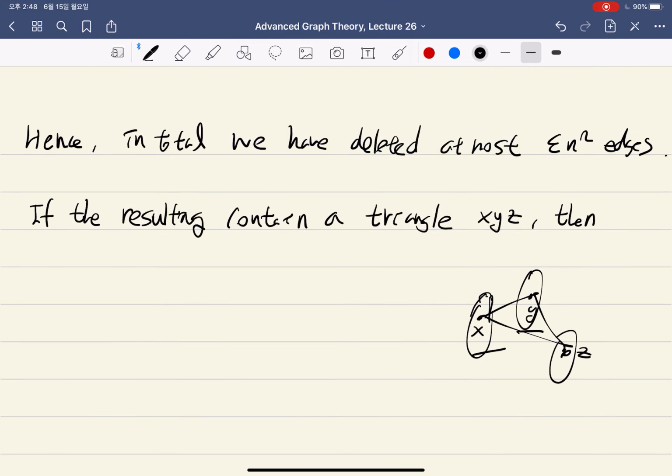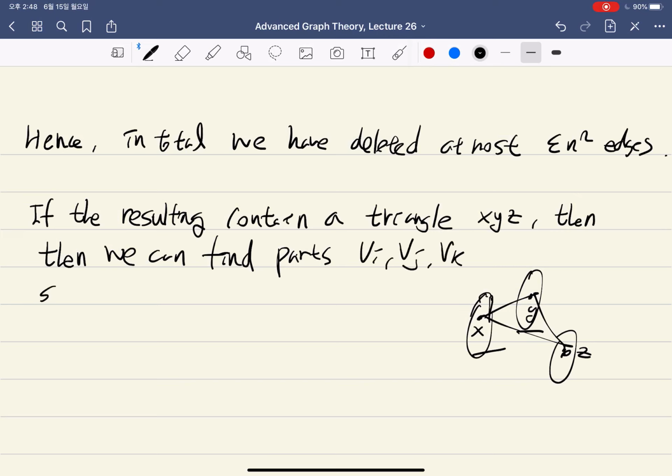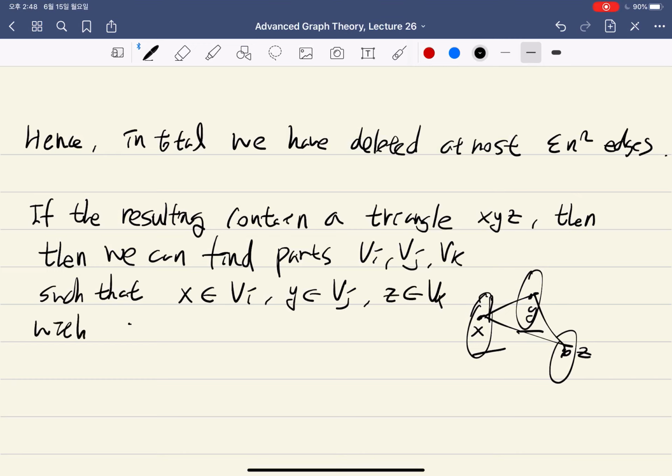So that means if there is a triangle xyz, then we can find parts Pi, Pj, Pk such that x is in Pi, y is in Pj, z is in Pk, with i, j, k.